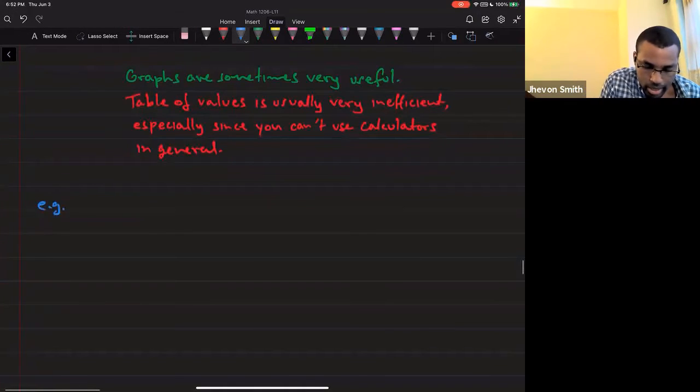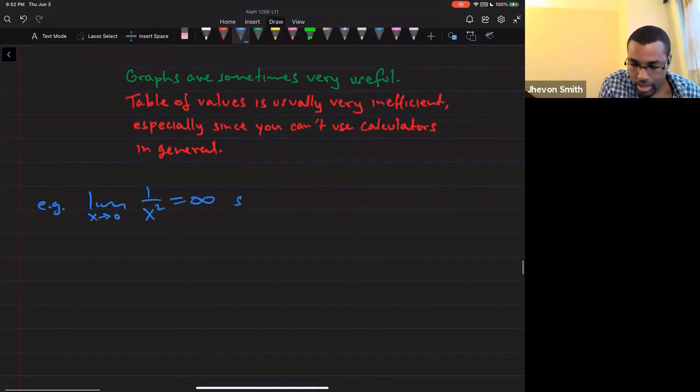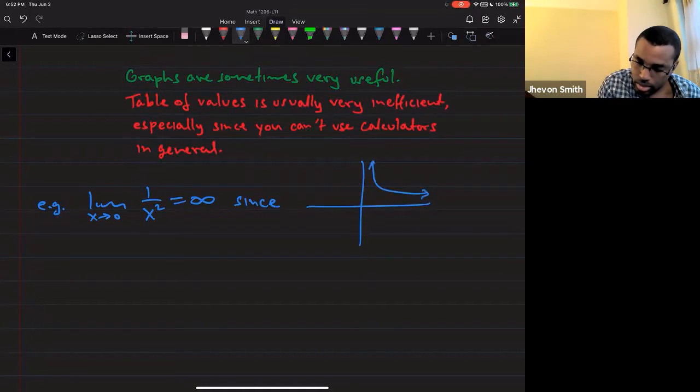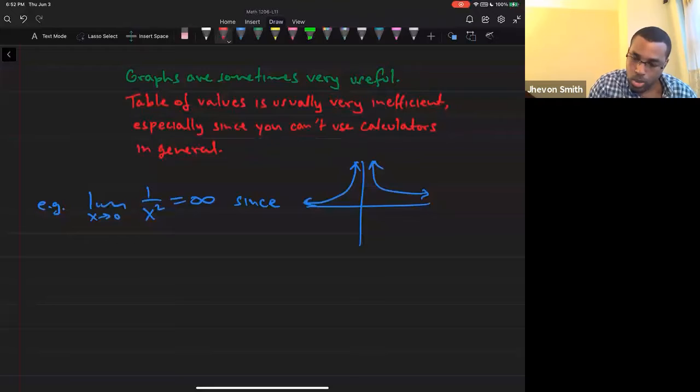For example, we saw examples like this already. As x approaches 0, 1 over x squared equals infinity, since we know the graph looks like this. As we get closer to 0 from either side, the graph goes up.